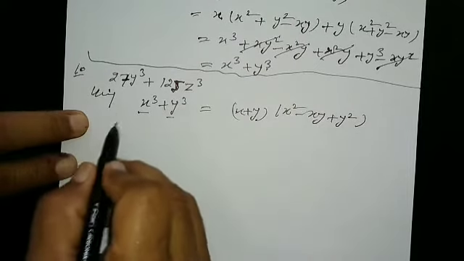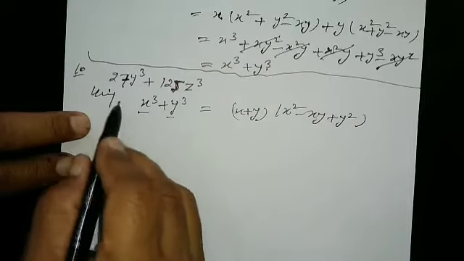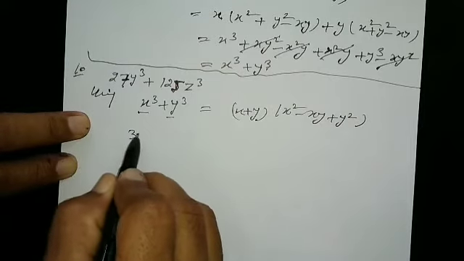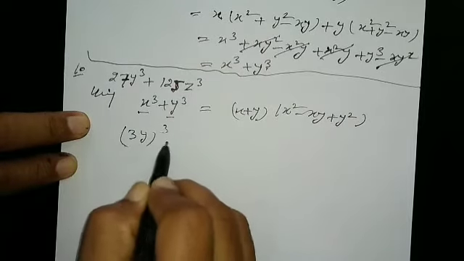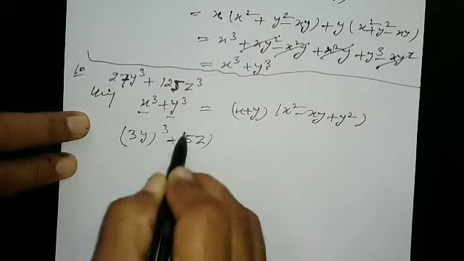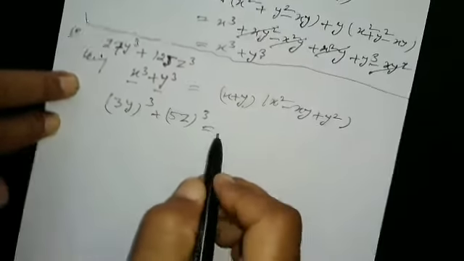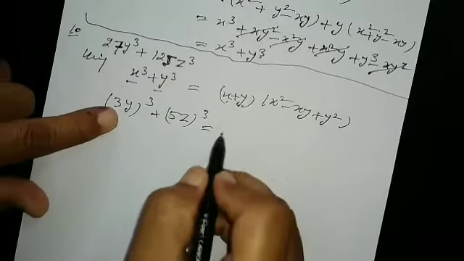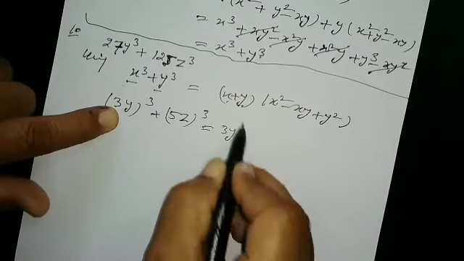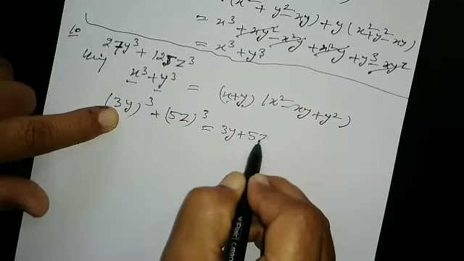Now this can be written as (3y)³ + (5z)³. First plus second. What is first? First is 3y and second is 5z.